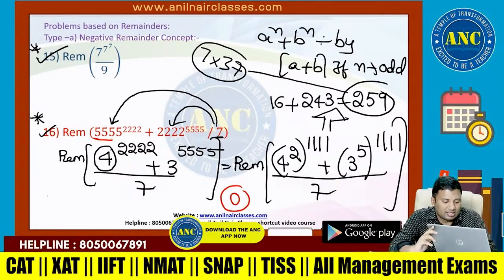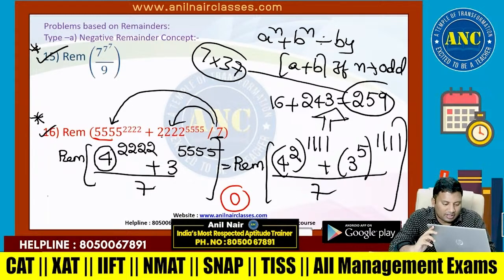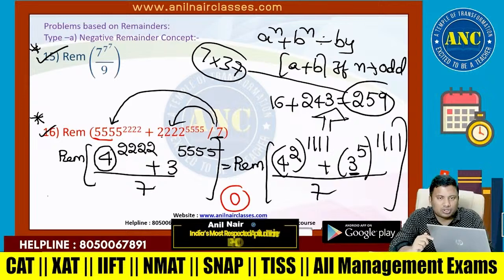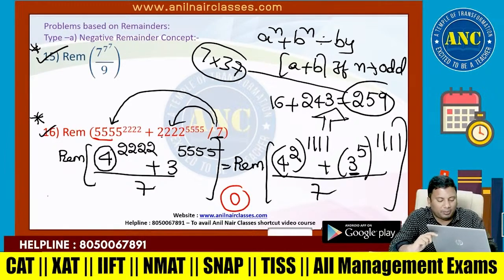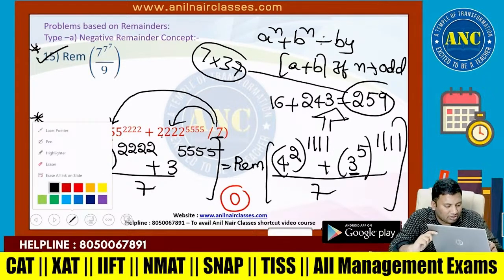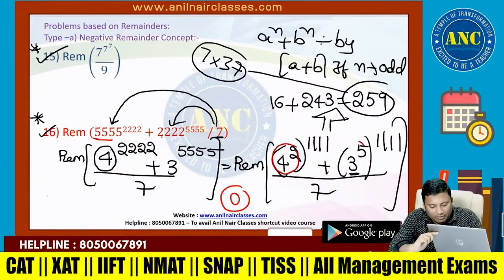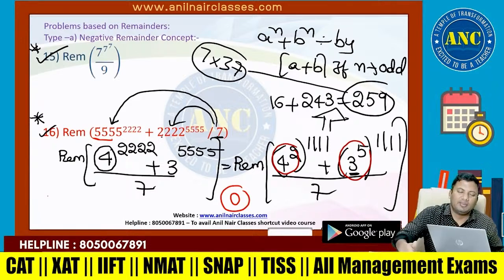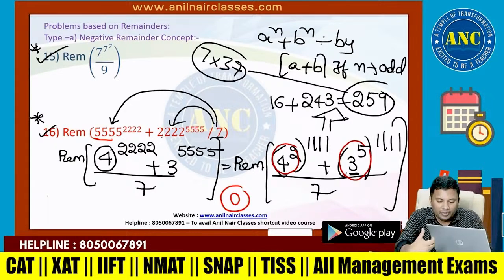Here 7 3s are 21, 12; 7 1s are 7, 52; 7 7s are 49, so 3. 4 square power 4 ones plus 3 power 5 power 4 ones. 4 square is 16, and 3 power 5 is 243. 16 plus 243 is 259. 259 is divisible by 7, which is 7 into 37. Very important question. So the answer is 0.